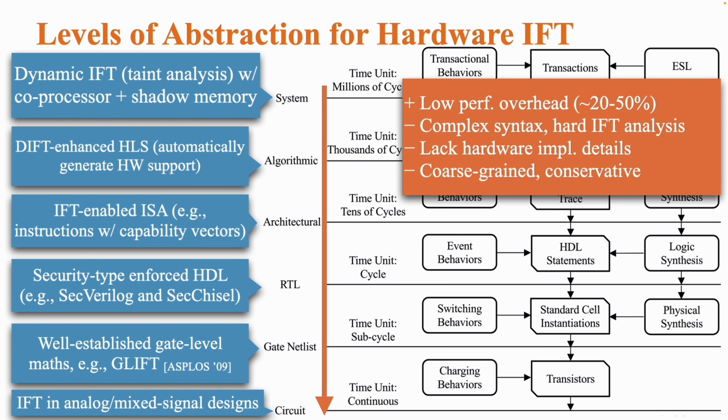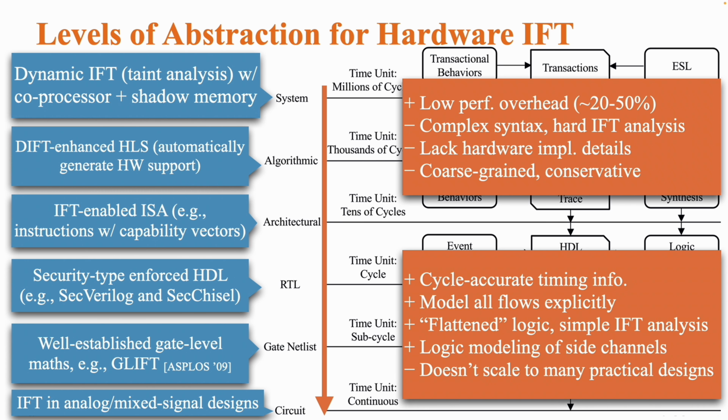But as we go down the hierarchy, we have a lot more information about the hardware design itself, and by the merit of cycle-accurate information, we can reason about the timing very accurately, and we can model all the implicit flows because the logic is sort of flattened, right? And we can model side channels using logic, which is fascinating.